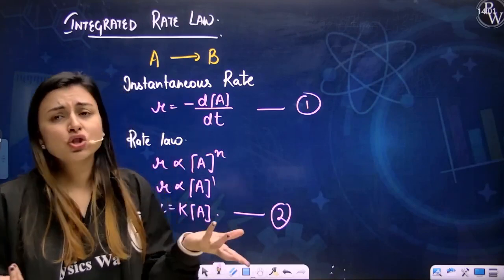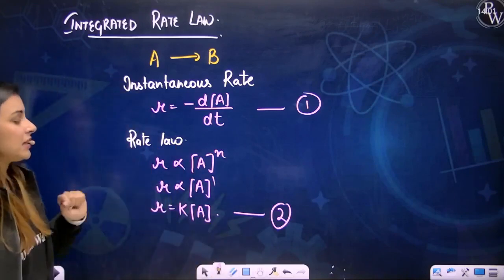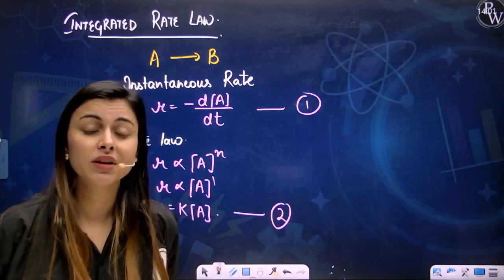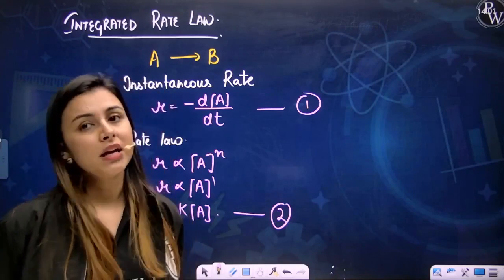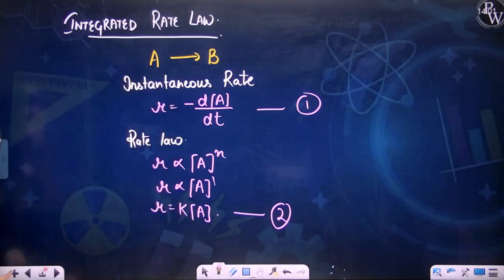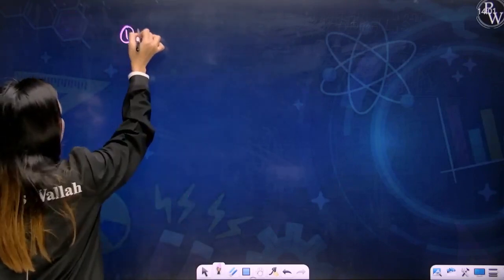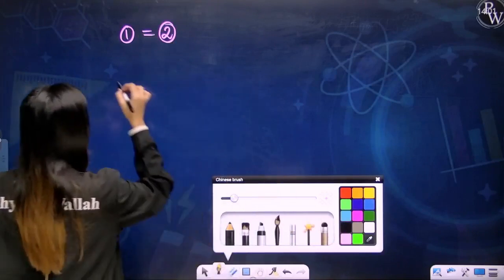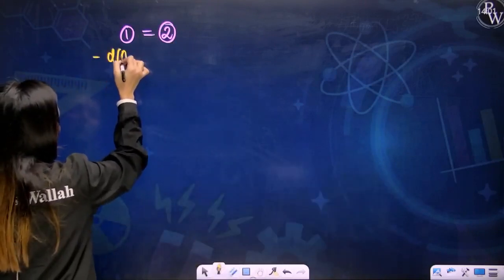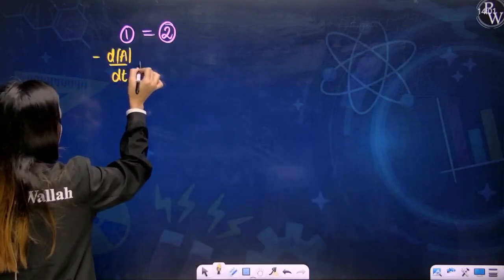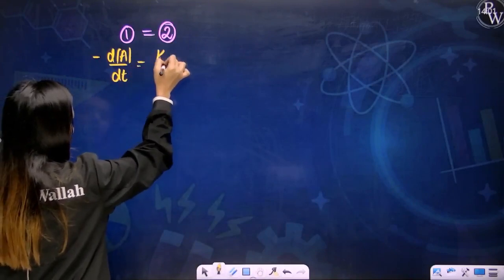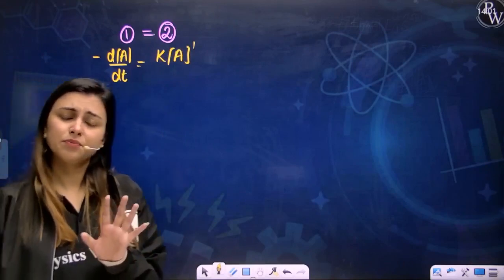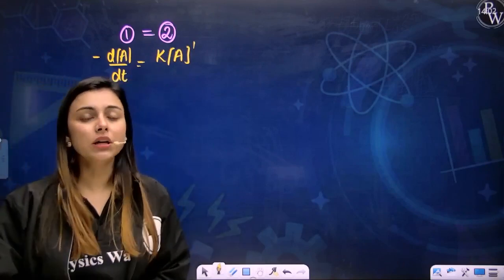So obviously expressions 1 and 2 should be equal because they are the rate of the same reaction. So 1 will be equal to 2. This means that minus dA by dt is equal to k[A] raised to the power 1. We equated both the rates.